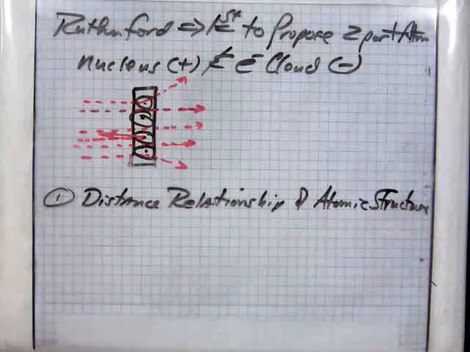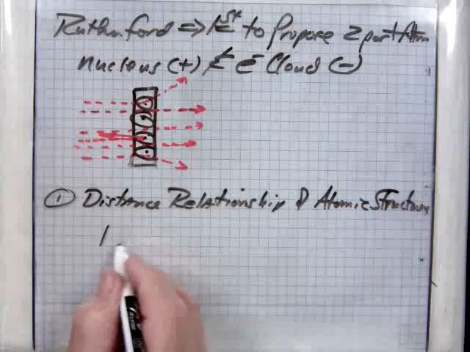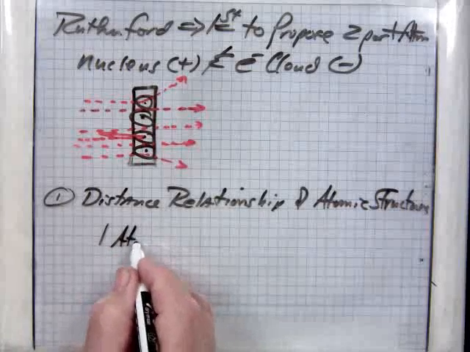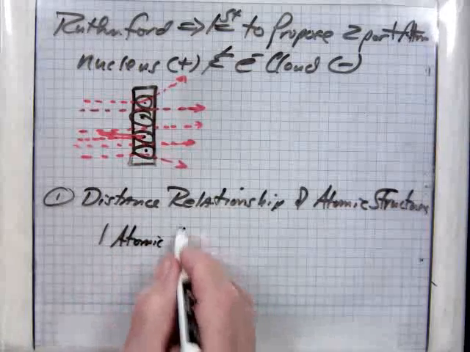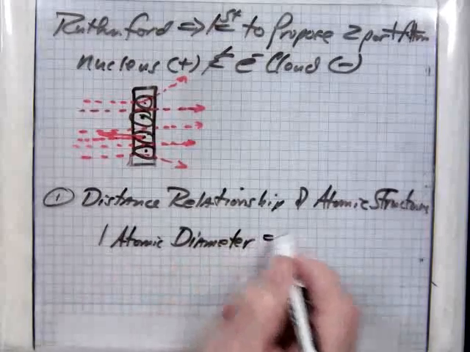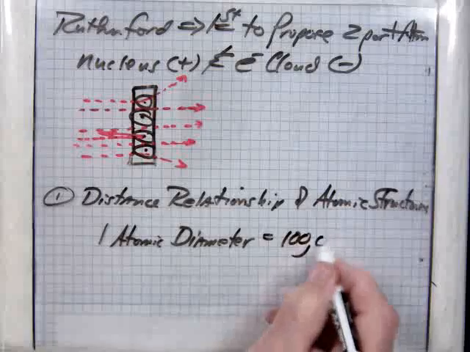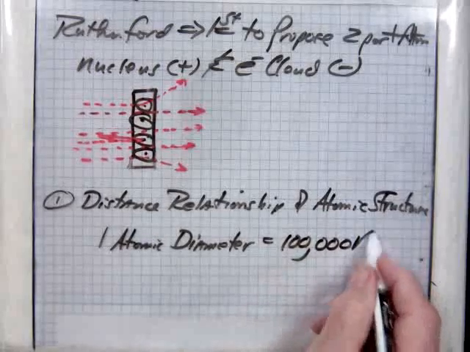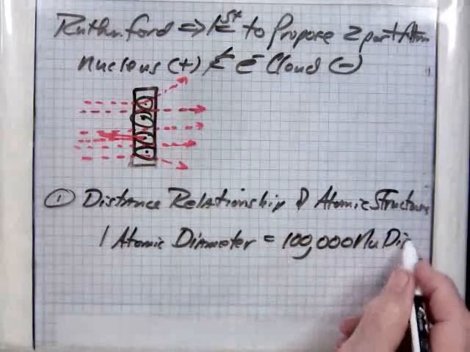In general, one atomic diameter equals 100,000 nuclear diameters.